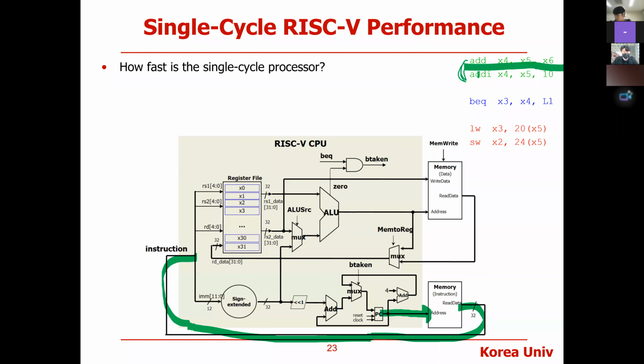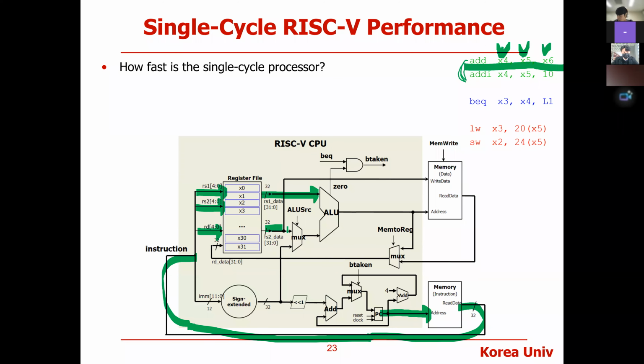Then source operand, X5, X6, is provided to register file. And destination is X4, right? Destination X4, number 4.